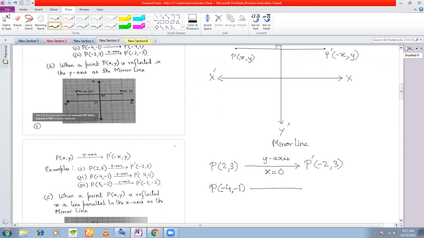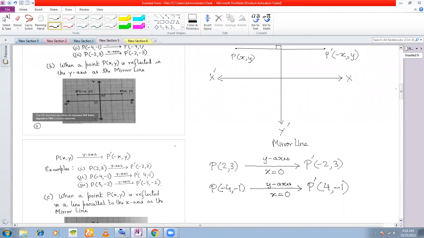I want to reflect this along the y-axis, and whether I say y-axis or the line x equals 0, it is the same thing. You change the sign of the x coordinate from -4, it becomes +4, and the y coordinate will remain the same.